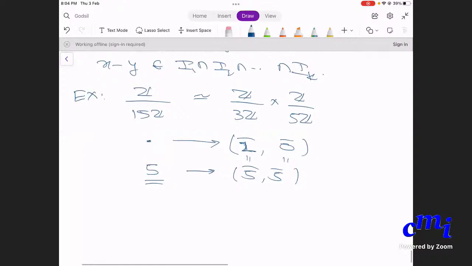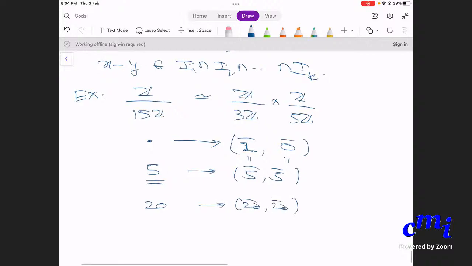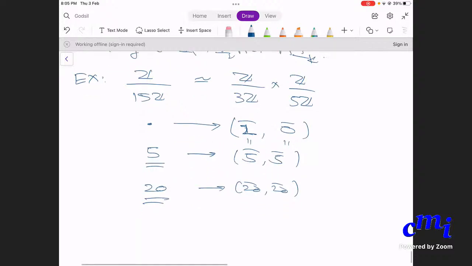But 5 is not the only solution. I could take 20. 20 goes to 20 bar, 20 bar. But 20 bar and 2 bar are the same mod 3Z, because 20 minus 2 is 18, which is divisible by 3, and 20 minus 0 is divisible by 5. So 20 bar is 0 bar in Z mod 5Z. So 5 and 20 are two different solutions. But you should not really think of it as different, because in Z mod 15Z, 5 bar and 20 bar are the same.